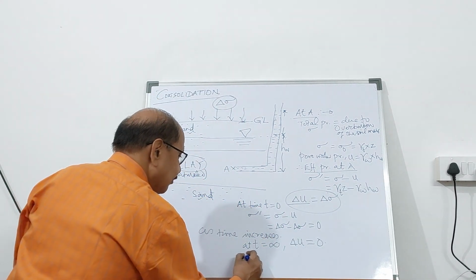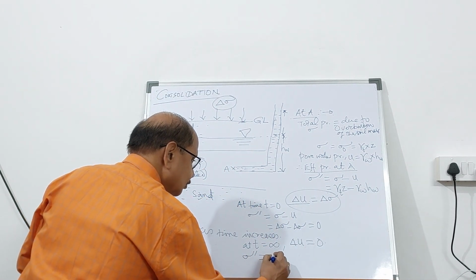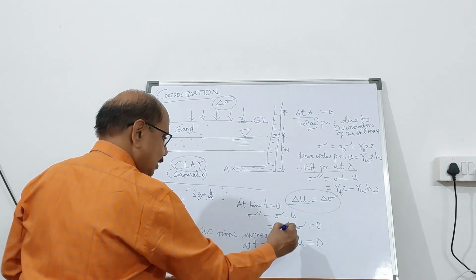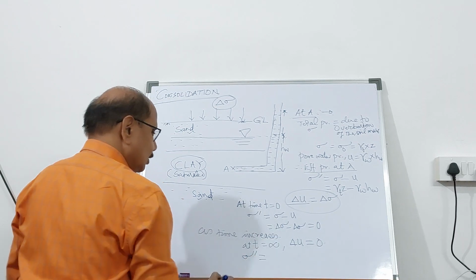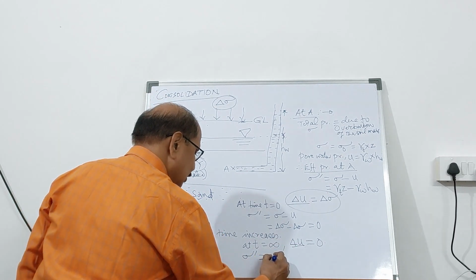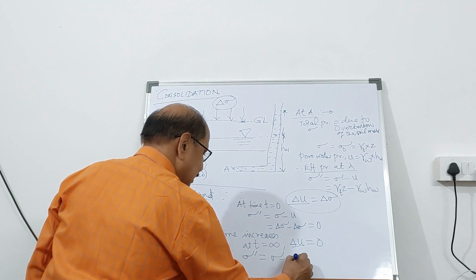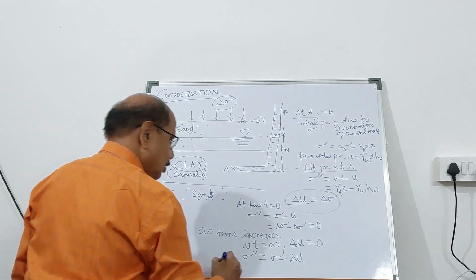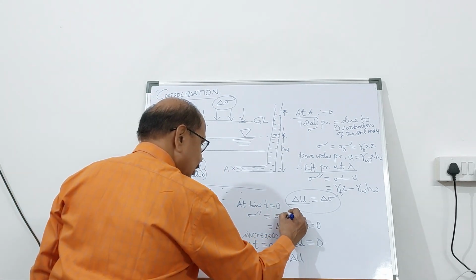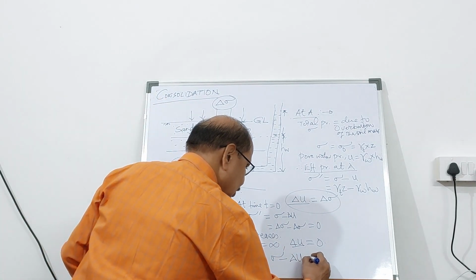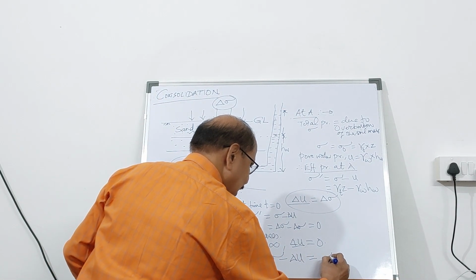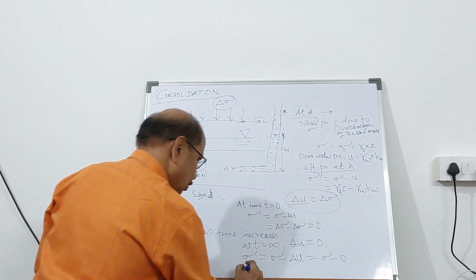Therefore, the effective pressure sigma prime equals sigma minus delta U, which is sigma minus 0.